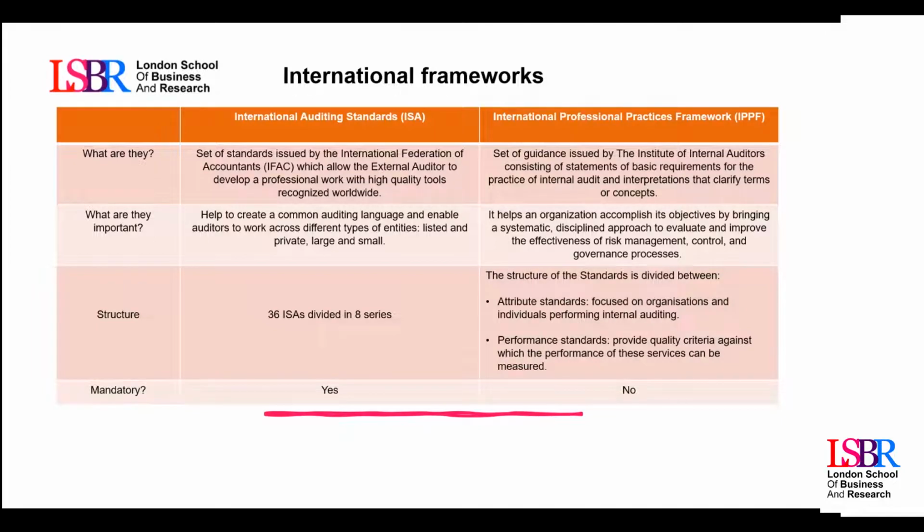And in the International Professional Practice Framework, we have 2 sections. Then you can review this section in detail when you review the presentation. And finally, as I told you, one is mandatory and the other is not mandatory.